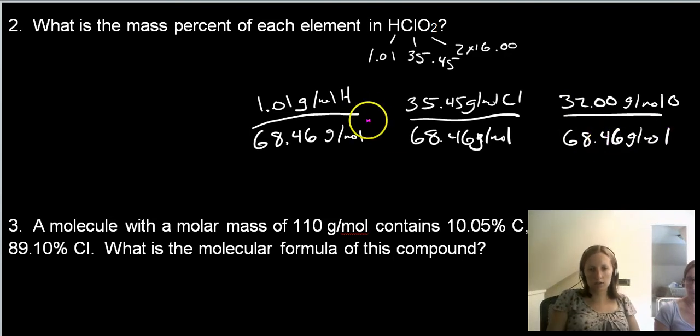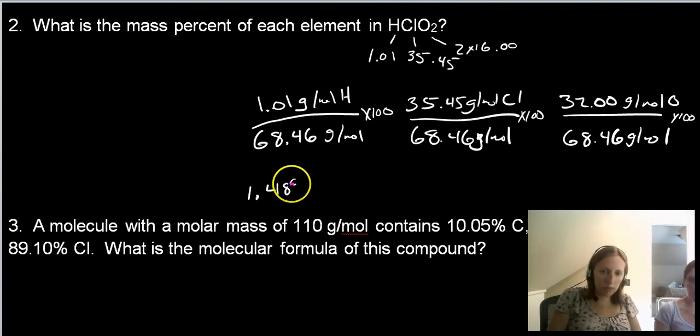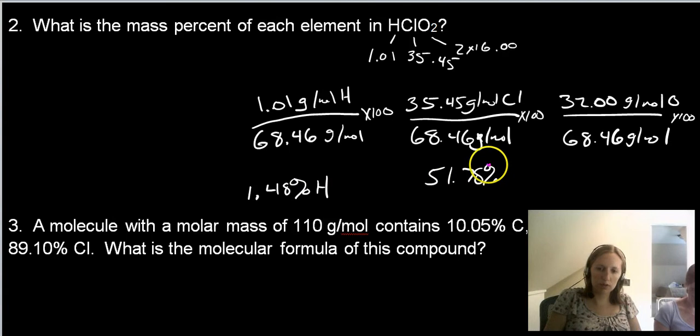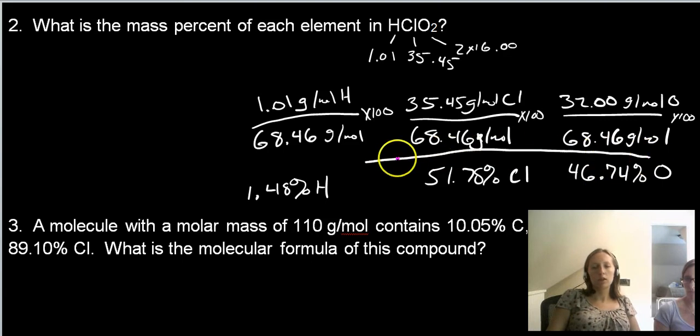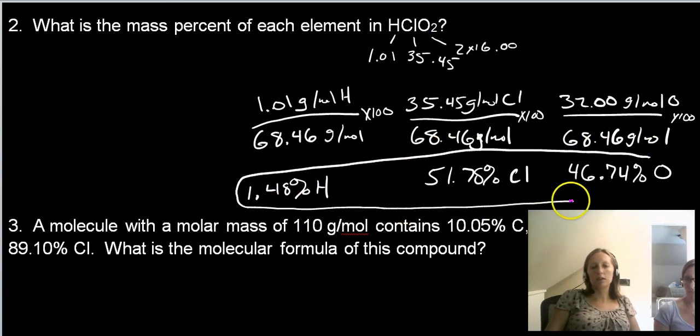And you divide those out and multiply everybody by 100 so that you get the percentage. And I got 1.48% hydrogen, 51.78% chlorine, and 46.74% oxygen, which when you add all of those together, if they add to 100%, it means that you did it right, and I think that they do.